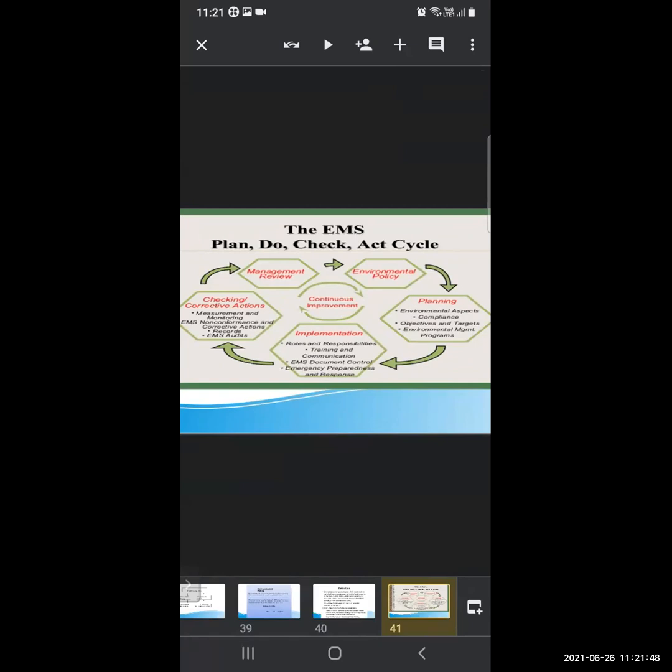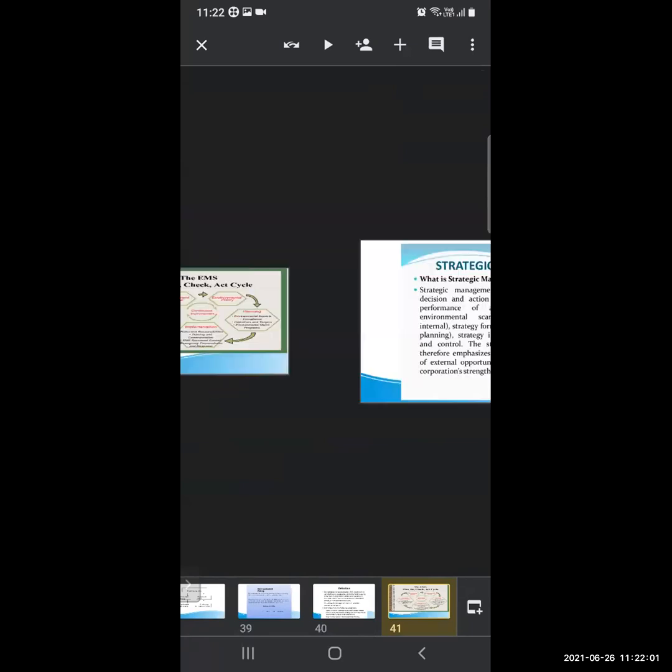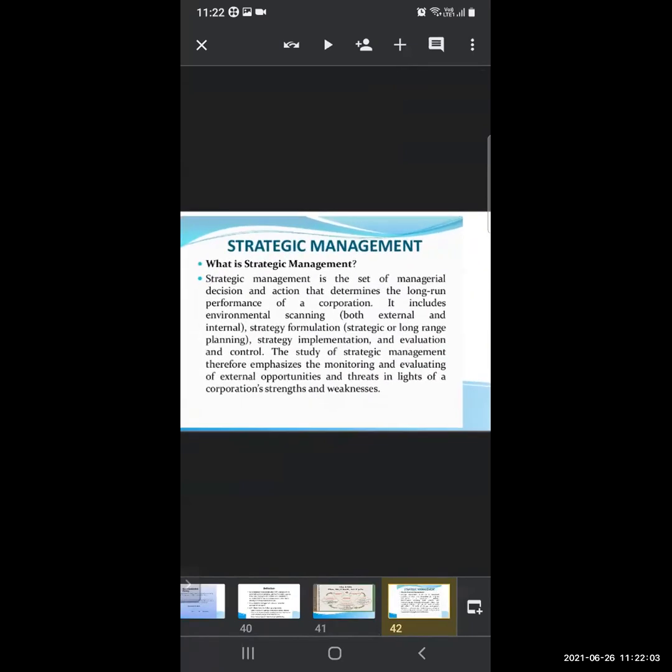Plan, do, check, act cycle, that is management review, environmental policy, planning, implementation, checking, that is corrective actions. These are the strategic management. It's a set of managerial decisions and actions that determines the long run performance of a corporation.